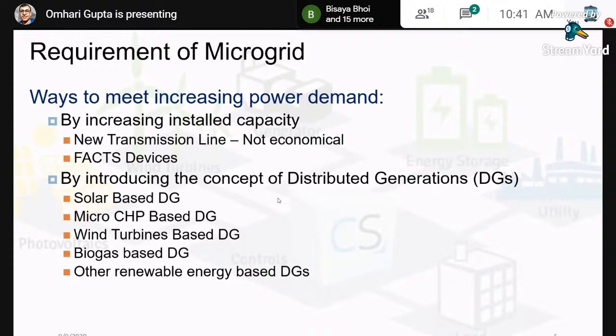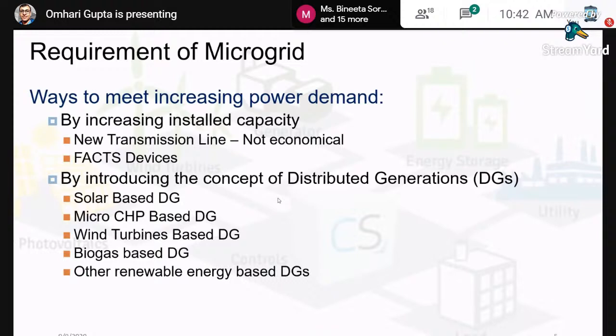There can be two ways possible. One, you install bulk power generating stations, and those stations will be far away from the load centers. When they are situated far away from the load centers, you have to transmit that power from the generating station to the load centers. And that is possible with the help of transmission line, and then there is obviously a distribution system.